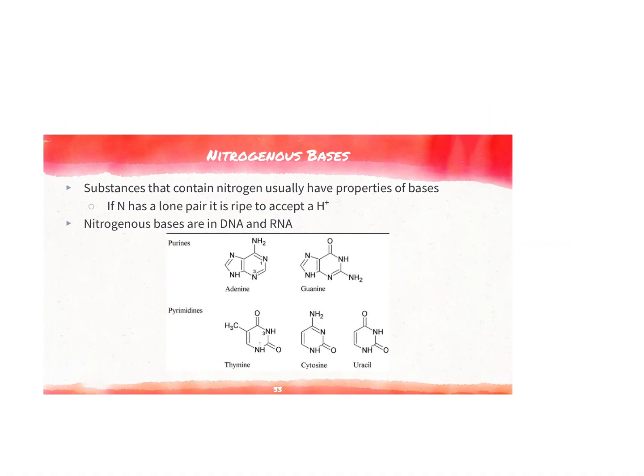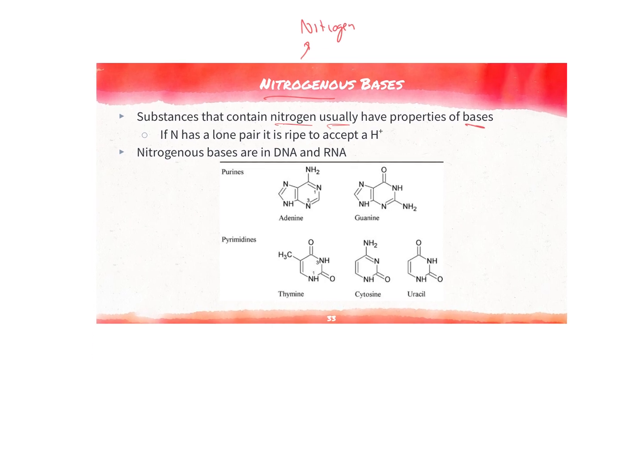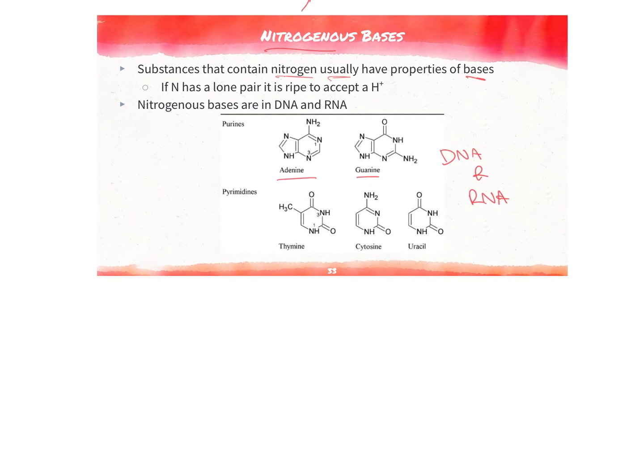Now, another important factor when it comes to bases are what are known as the nitrogenous bases. This essentially just means nitrogen, right? And so substances that have a nitrogen usually have the property of bases. And so these are bases that you actually find in DNA and RNA. But a base that you'll most commonly see here, right, is NH3.